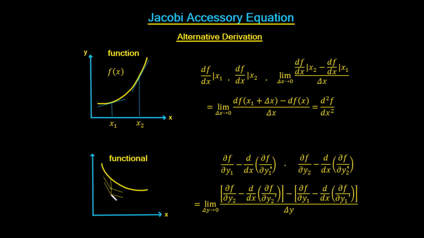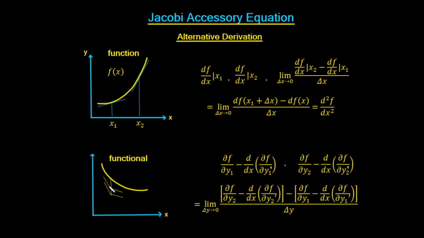We could work out the second variation again using the Euler Lagrange. So that would be partial f by partial y2 minus d by dx partial f by partial y2 derivative. So this has us got the Euler Lagrange for the two positions.